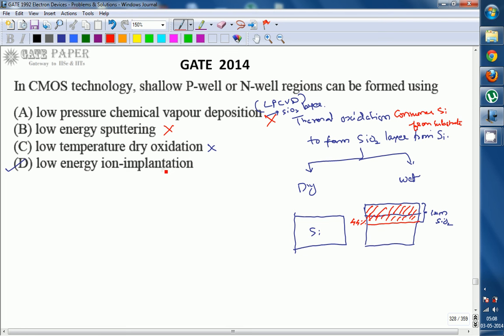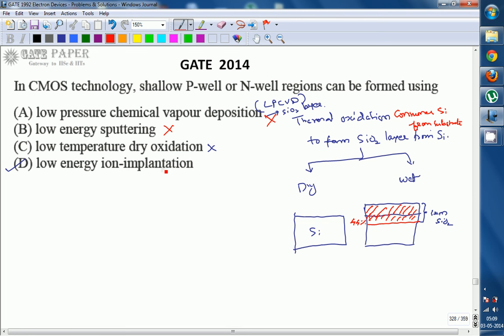To form these, we can use either diffusion or ion implantation methods. But the diffusion process requires high temperatures, whereas ion implantation can be done at relatively low temperatures. Because ion implantation is done at low temperatures, the doping layer can be implanted without disturbing previously diffused regions. The other major advantage of ion implantation is precise control of doping concentration. Because of these two things, ion implantation is much preferred.